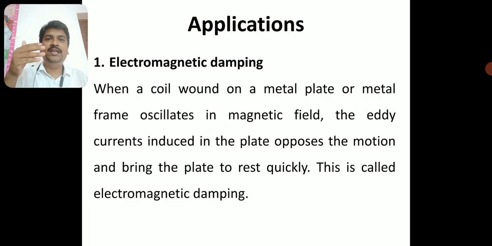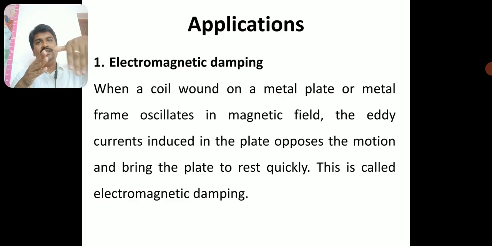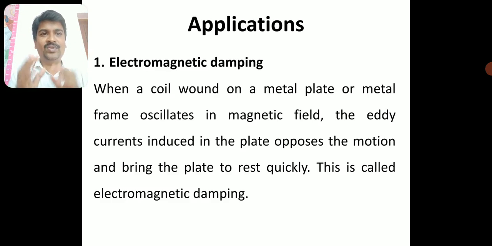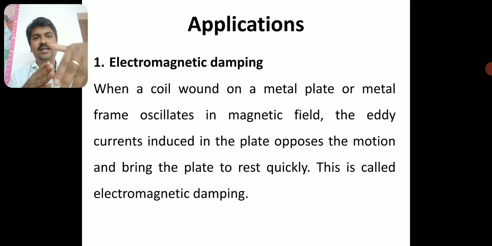When a coil is wound on a metallic plate or a metallic frame instead of a non-metallic frame, and oscillates in a magnetic field, definitely eddy current is induced in the plate, and this eddy current opposes the motion of the coil and brings the plate to rest quickly. This is called electromagnetic damping.